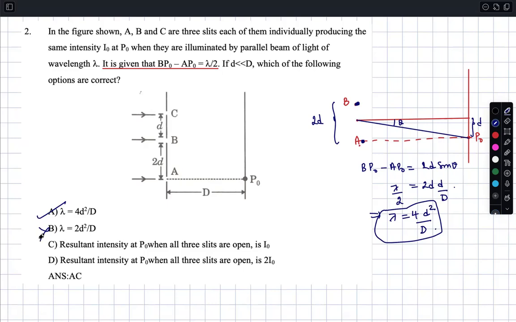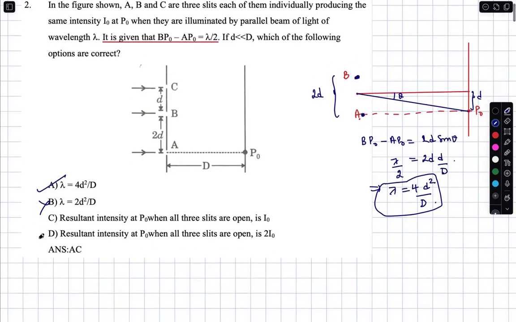The next important point you need to notice is that you need to find the resultant intensity at P. Now, similarly, you will take A as the reference. Now you need to find CP naught minus AP naught.